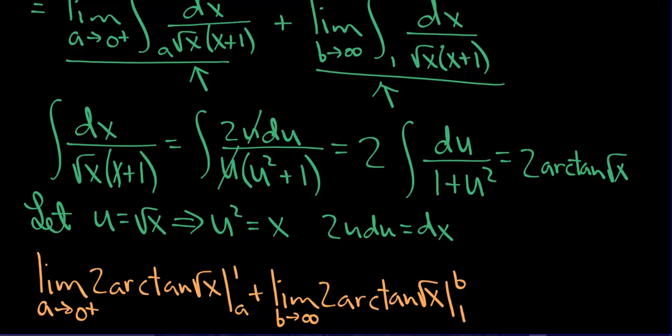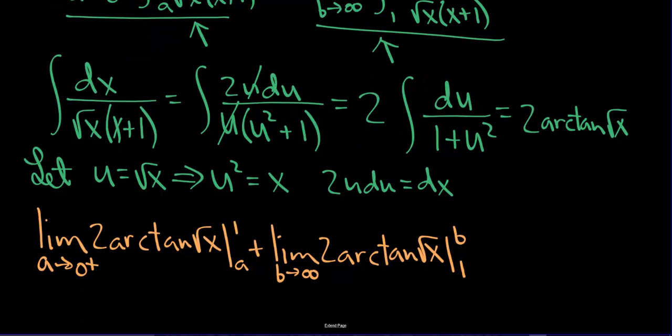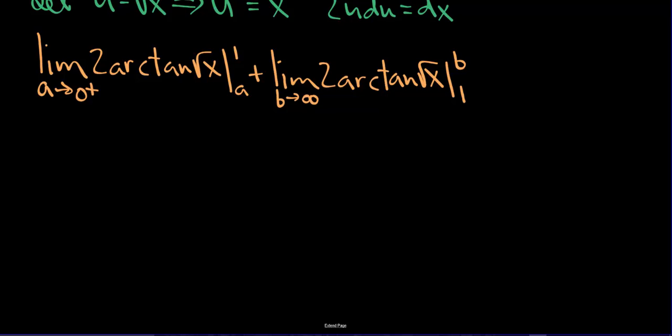So this problem keeps getting simpler and simpler as we make progress. We found the antiderivative, and now we're ready to see what this turns out to be. We've got 2 arctan of 1. Arctan of 1 is pi over 4, isn't it? So what we've got is 2 times pi over 4, minus 2 arctan of a.